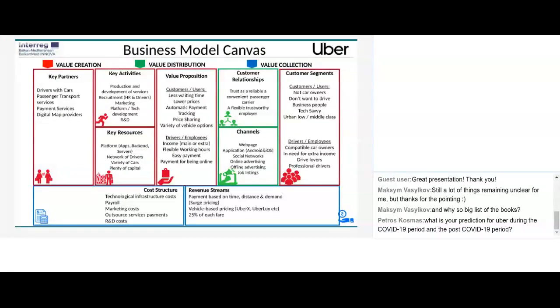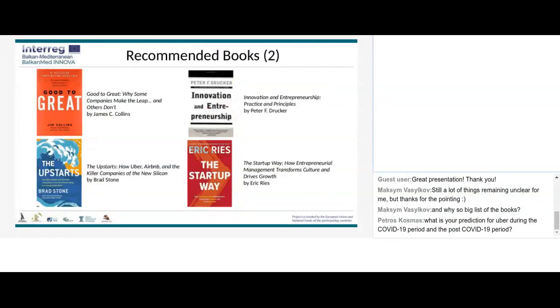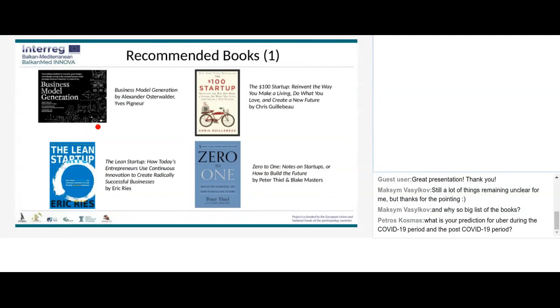Why so big a list of books? These are some of the basic books that I came up with, and these are some of the books that I used for creating this presentation, basically. If you ask for the most important ones that might help you, I would say Business Model Generation, which is the first one, Zero to One by Peter Thiel, and The Lean Startup by Eric Ries are really solid books.